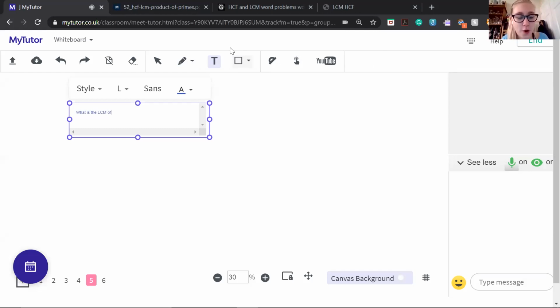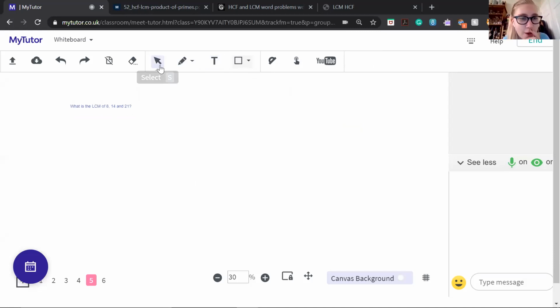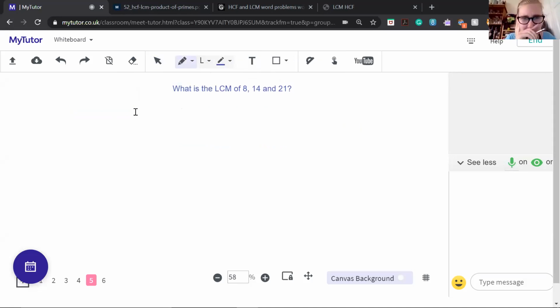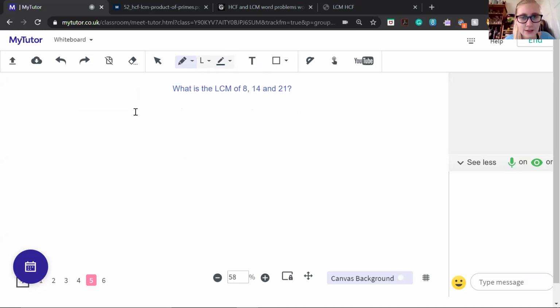What's the lowest common multiple of 8, 14, and 21? I don't know if this will be a nice question or not, so apologies if it's not.